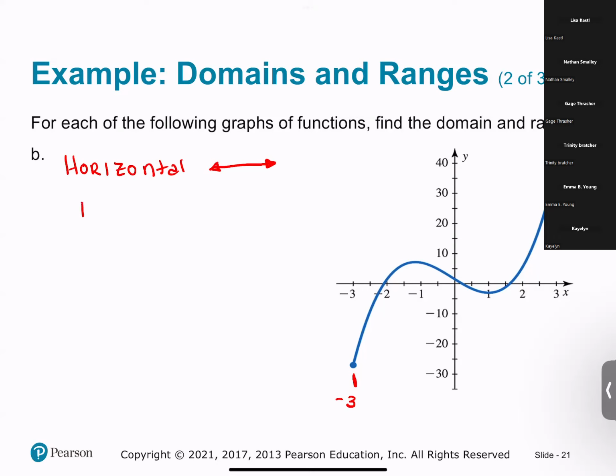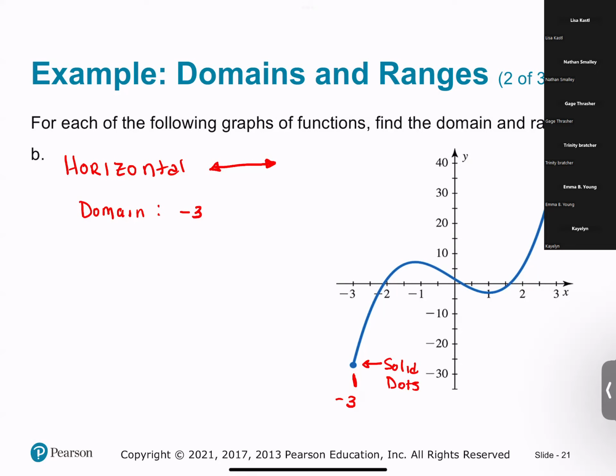So in the horizontal direction, this graph starts at -3 and ends at +3. So the domain, I don't want to list all the numbers between -3 and +3. So I would write that probably as an inequality. And you'll see these are solid dots. Solid dots mean that -3 is included in the domain. If it were an open dot, it would not be.